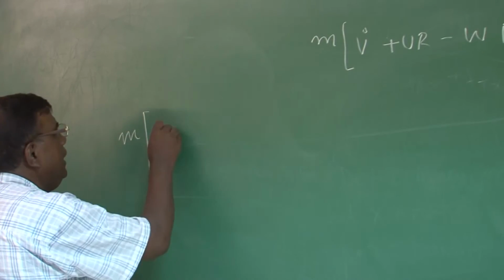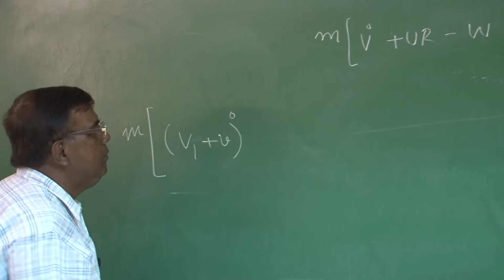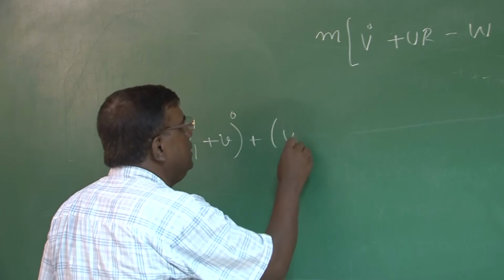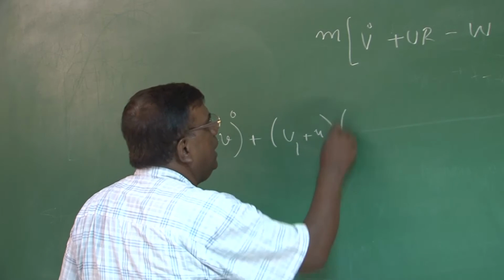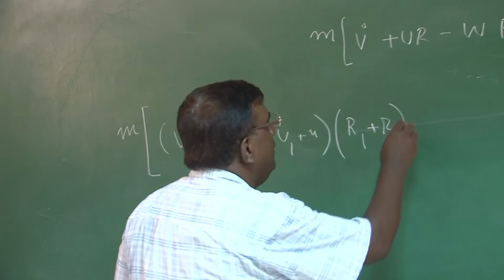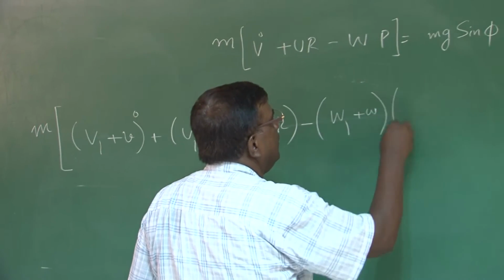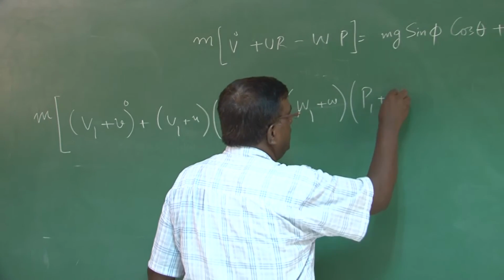For V I should write V1 plus small v dot. For U I write U1 plus small u. For R I write R1 plus small r. For W I write W1 plus small w. For P I write P1 plus small p.